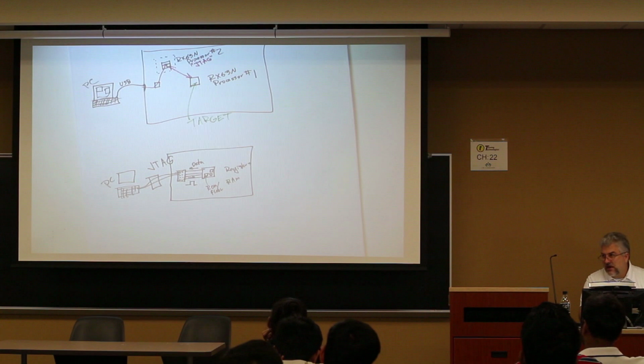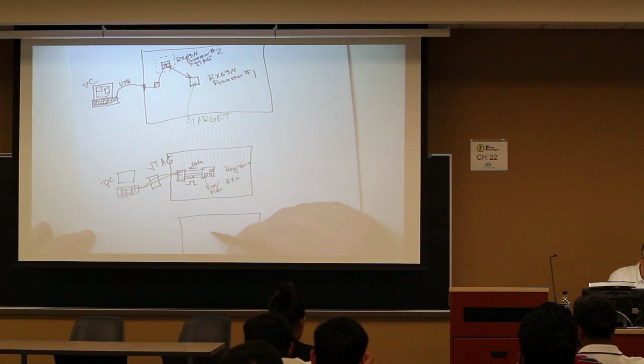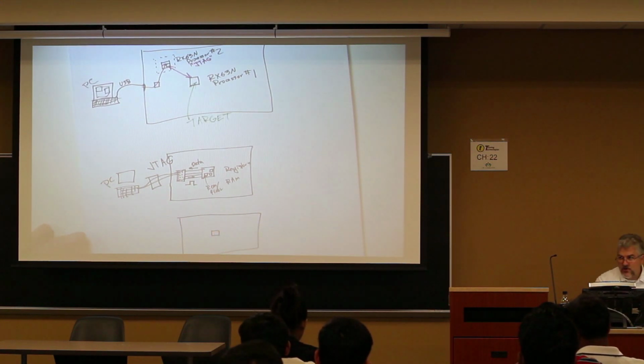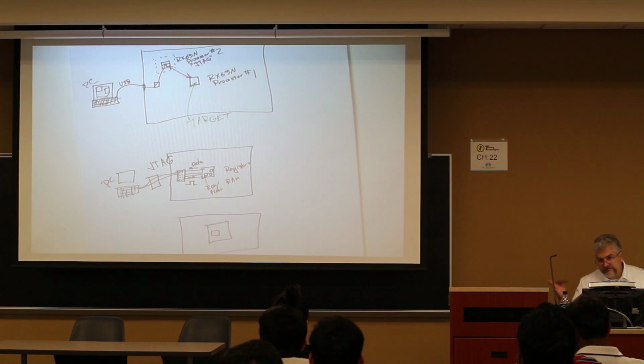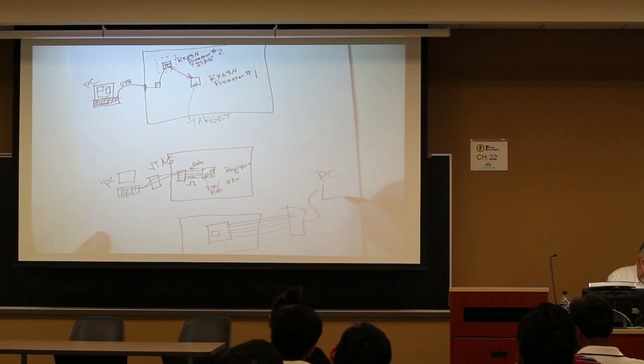Now, I've worked with some other types of debugging environments where, if this is where your processor is to go, you actually plug a big, huge piece of equipment where the processor would go, and then it comes out with hundreds of wires, and then this could be attached to a PC.